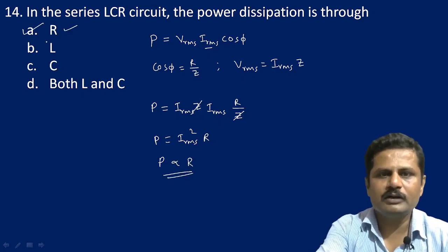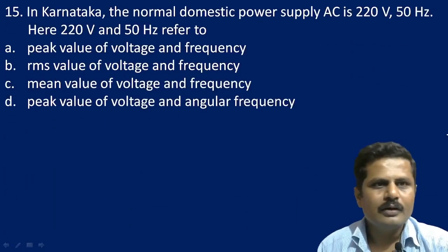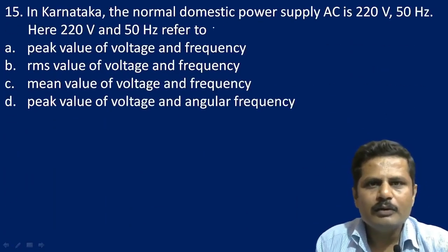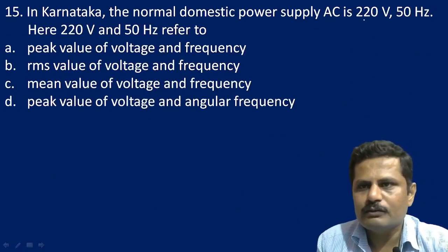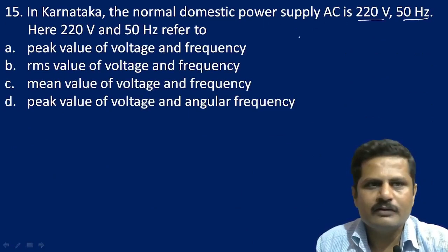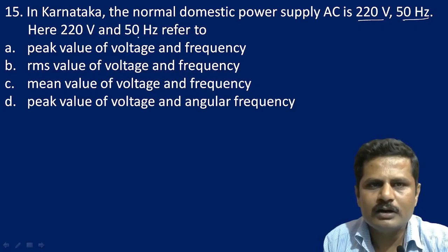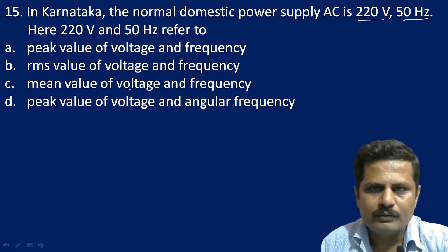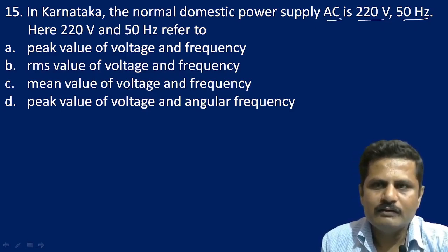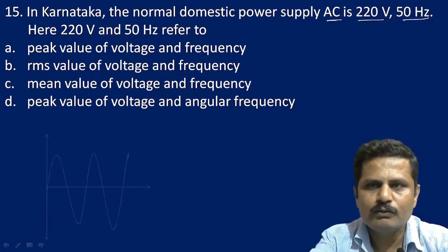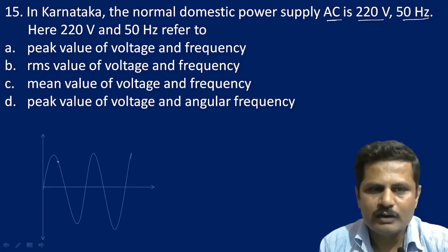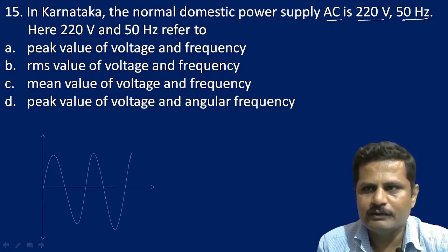Moving to the next question. In Karnataka, the normal domestic power supply AC is 220 volt 50 hertz. Here 220 volt and 50 hertz refer to, as we know that AC is represented by a sinusoidal voltage wave, this. So this has a frequency, that is 50 hertz.